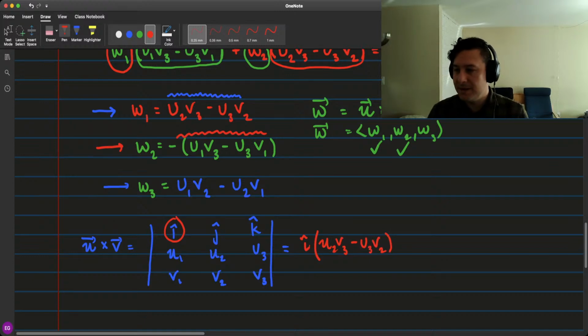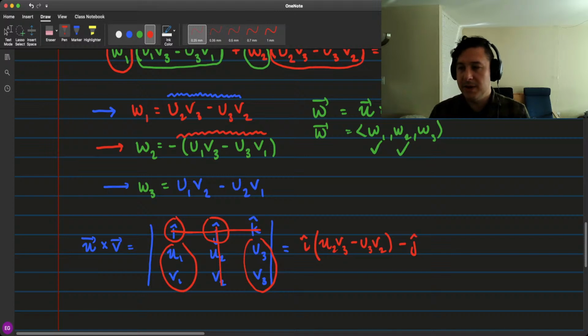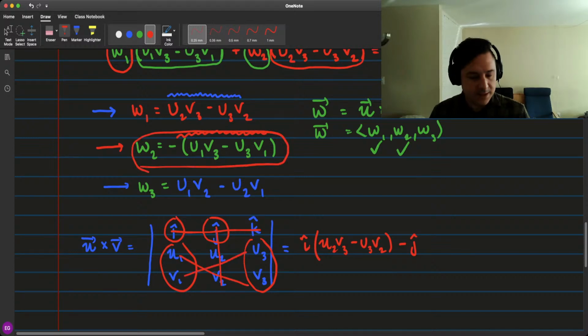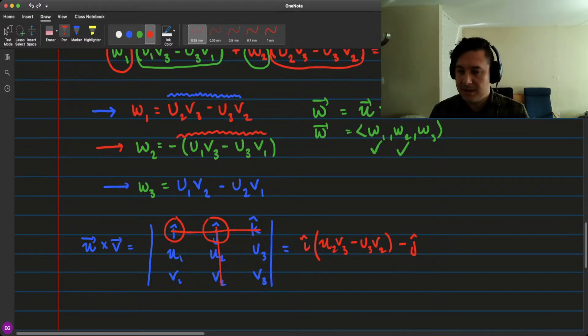And then you get minus J. Now if you forget about this and this, do you see how you get these things? That's U1, V1, U3, and V3. Where do you see that? Right here. So you're going to multiply across and subtract. It's amazing.